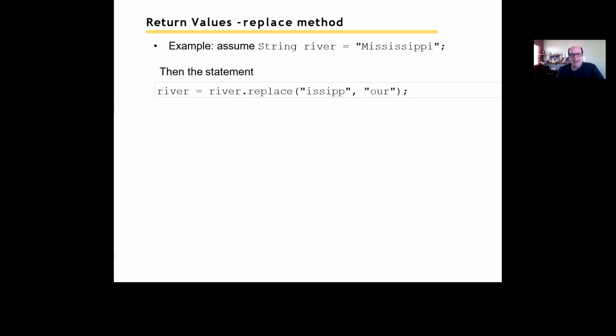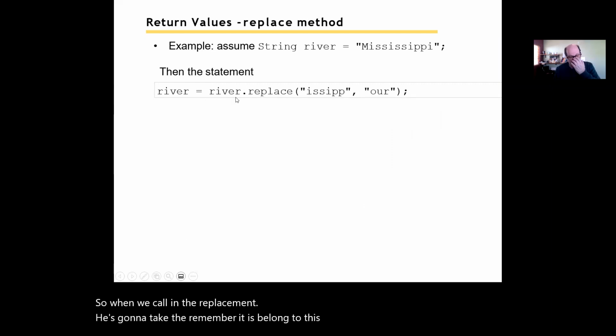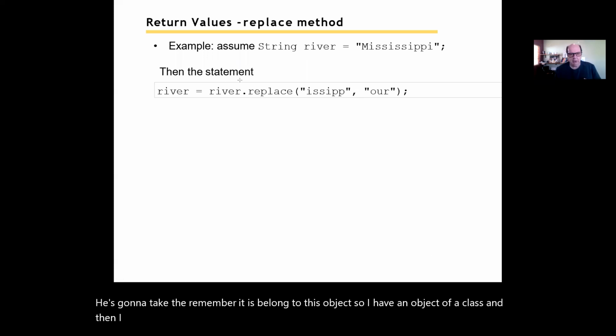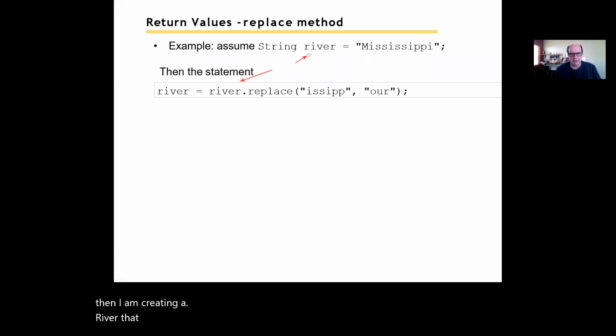Okay, so we have a method called replace. So when we're calling the replace method, remember, it belongs to this object. So I have an object of a class, and then I am creating a river, so the string class, I'm going to call it river, it's going to contain this.